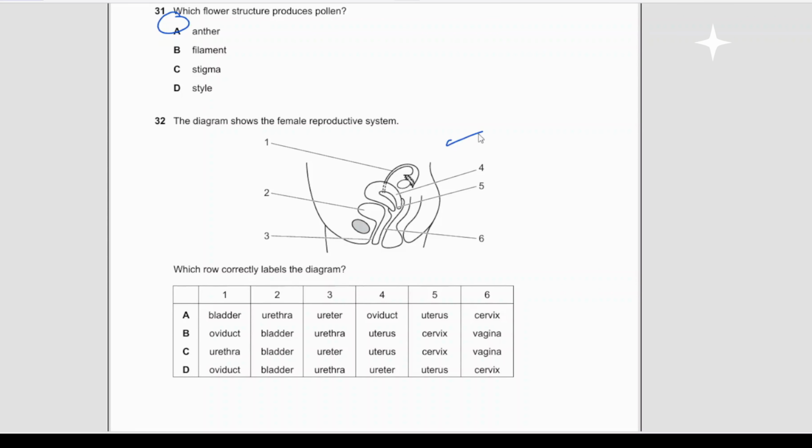Okay, this labeling is quite confusing. I'm telling you, this labeling is quite confusing. Now take a good look at this one. Okay, this one is the fallopian tube, I'm telling you. Now you have to adjust your organs.